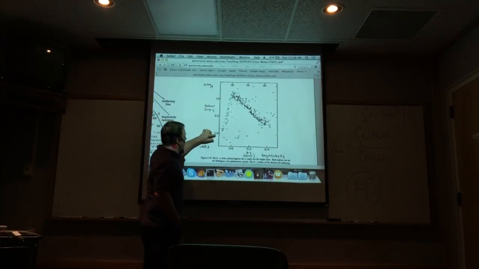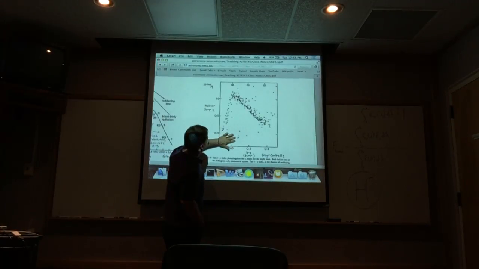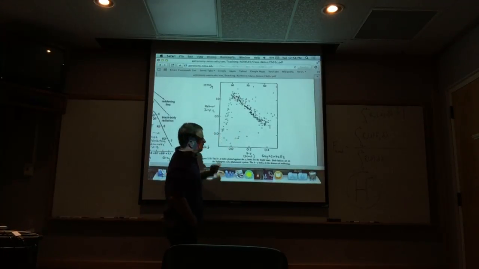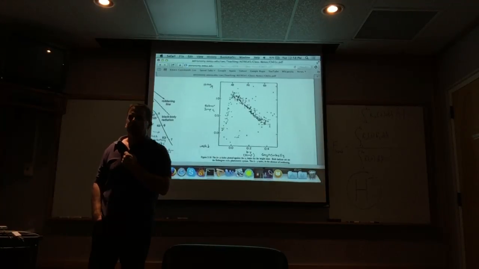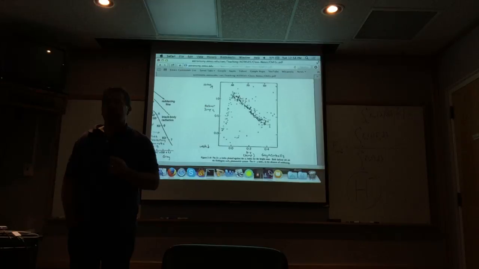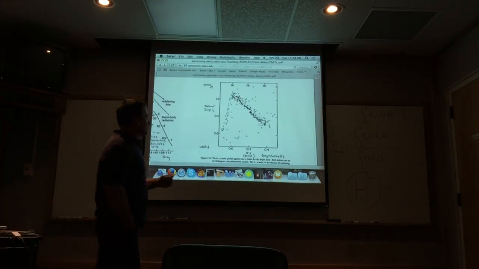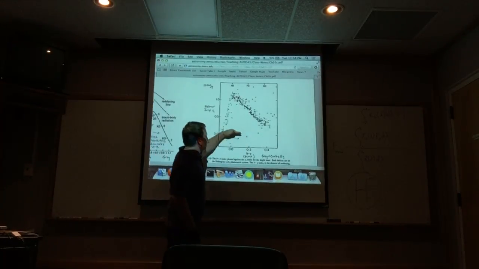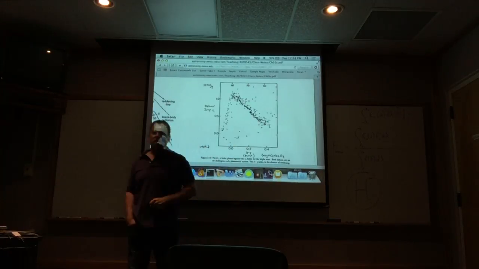There's no Balmer break, and these are the 10,000 degree stars. That sounds like a white dwarf to me. They're between 10 and 20,000 degrees. And so then here's your hotter stars, no Balmer break. I'm going to go with white dwarfs.